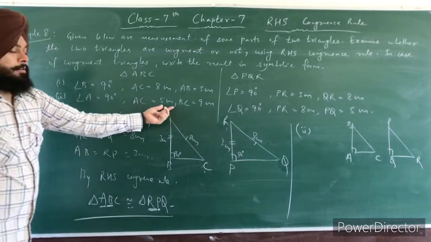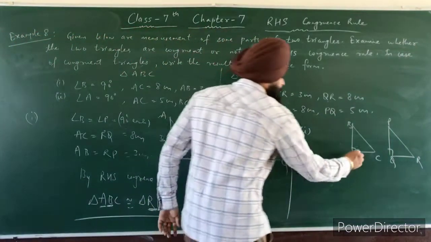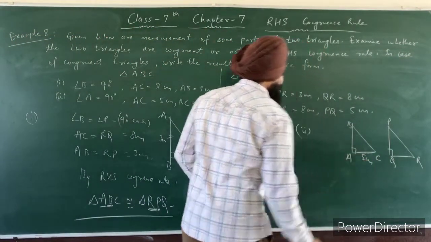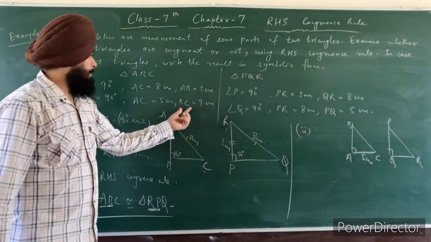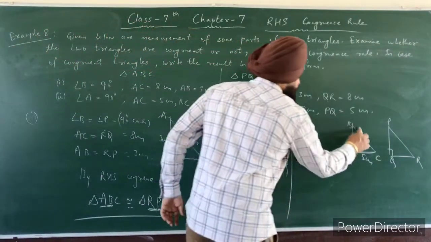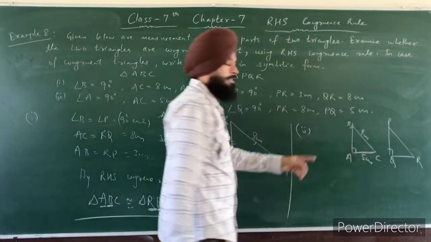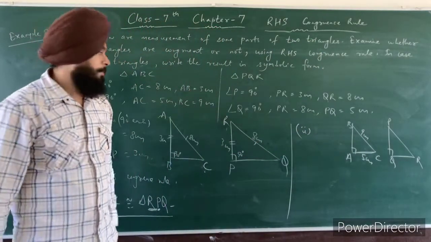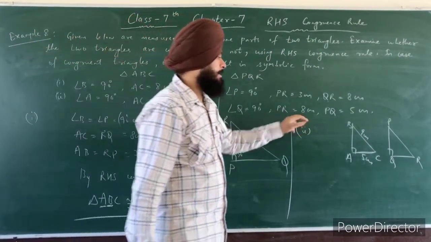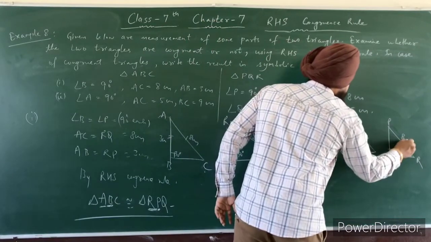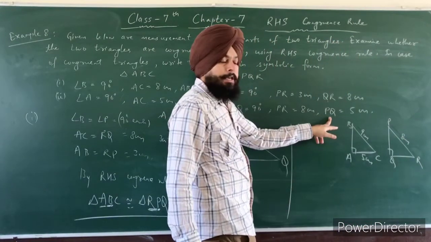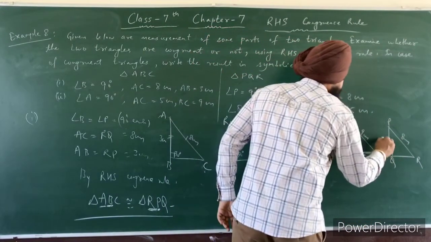Side AC is 5 cm. This is AC, 5 cm. Side BC is 9 cm. This one BC, 9 cm, is the hypotenuse of triangle ABC. On the other side, PR is 8 cm. This is PR, 8 cm, and side PQ is 5 cm. This is PQ.